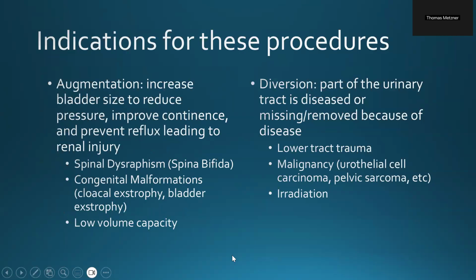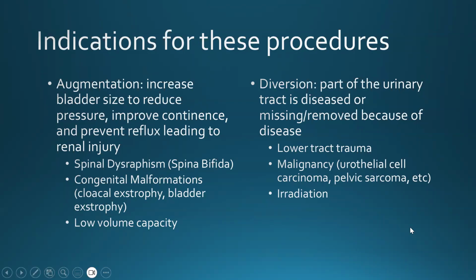All right, so indications for these procedures. An augmentation is typically done to increase the bladder size to reduce the pressure of that bladder, as well as improve continence and prevent the reflux of urine that can lead to renal injury. So oftentimes these are performed in patients who have spinal dysraphism, i.e. spina bifida, potential congenital malformations of the bladder, like patients with cloacal exstrophy or bladder exstrophy, as well as patients who just generally have a low volume or low capacity bladder.